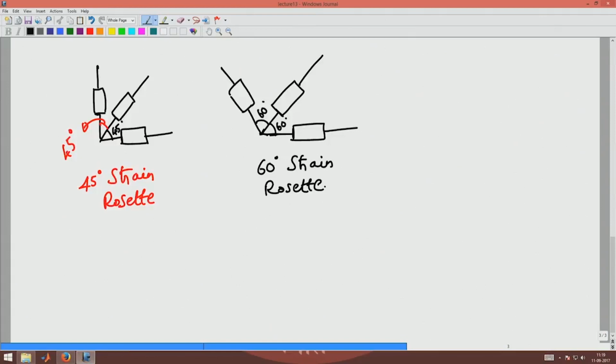Typically, in real life this branch would be drawn here and it will be like an equilateral triangle. This branch would be translated here, and it will be like an equilateral triangle. That is how a real Rosette will look, and this Rosette is supposed to measure the strain at the CG of this equilateral triangle.